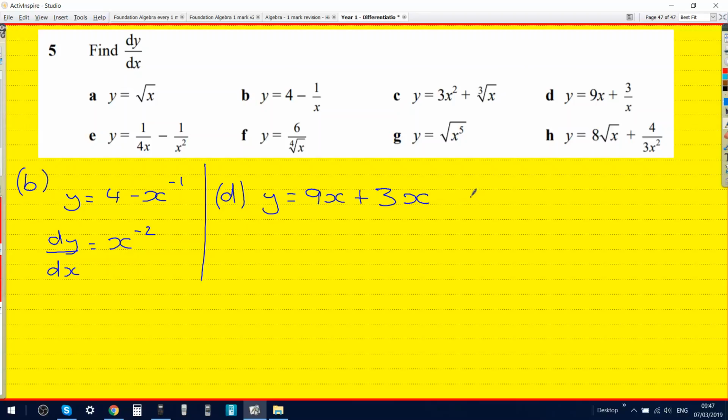X brought up. So is it just written as 3x to the minus 1? The minus 1. Yeah. Right. And then, so the dy dx bit is pretty easy. So let's try A. So convert that into index form.